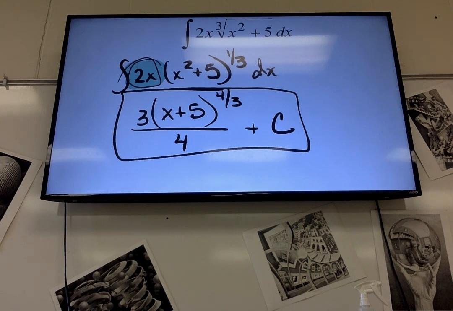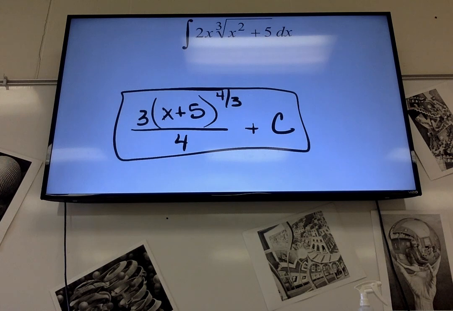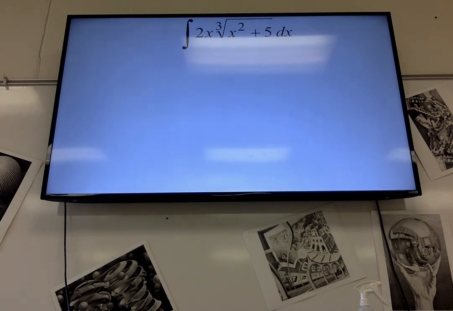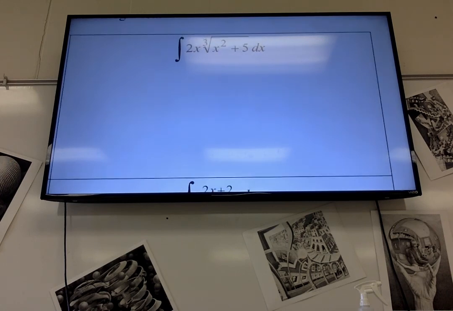Okay. Here's what I'm going to do. I'm going to show you a different way. Yeah, where did the x go? Hold on. Okay. Here, let's do it this way. Because I wrote the x, I'm just going to do it this method. It's called u substitution, which we are going to do for the harder ones anyways.